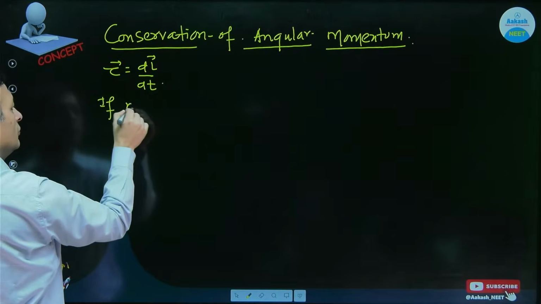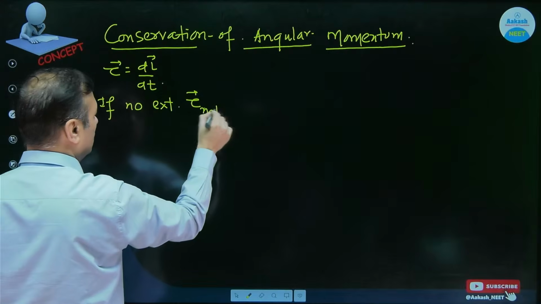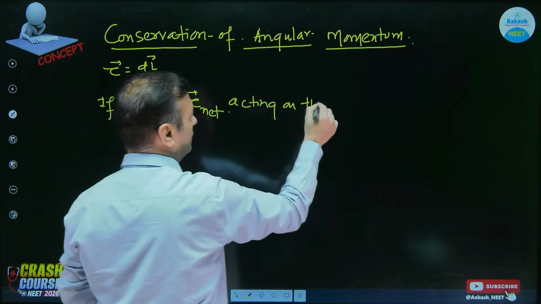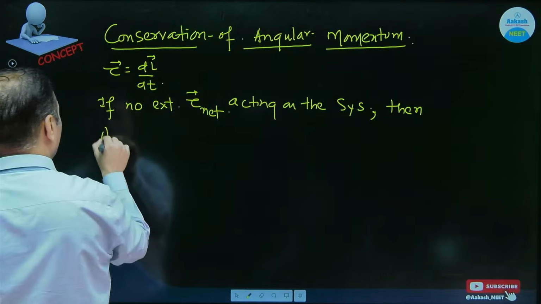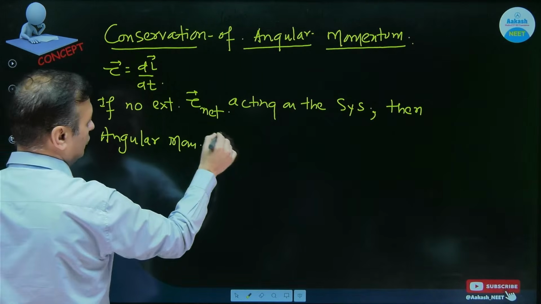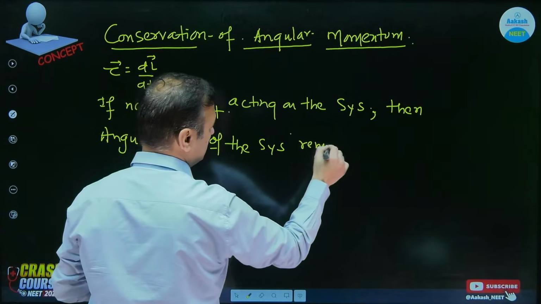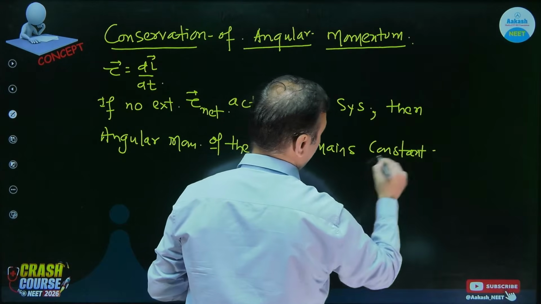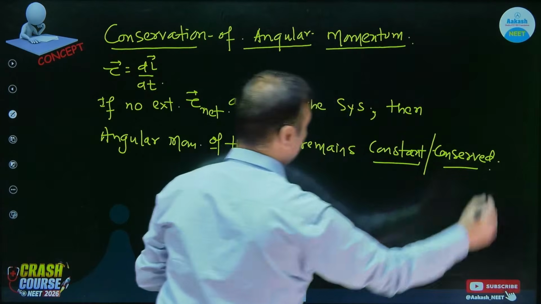If no external torque, net torque acting on the system, then angular momentum of the system remains constant or conserved.